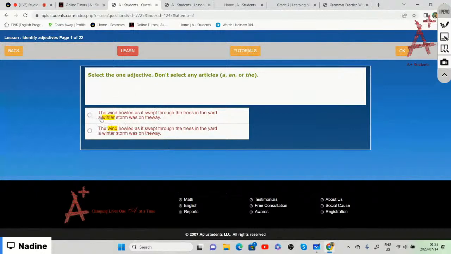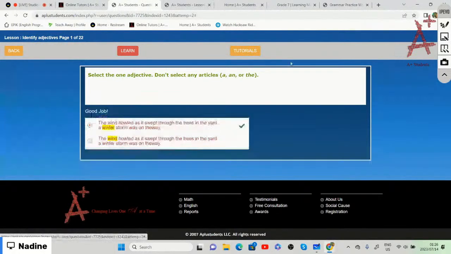Is it winter storm or wind? All right, so winter storm, because winter is the adjective that modifies the noun storm.